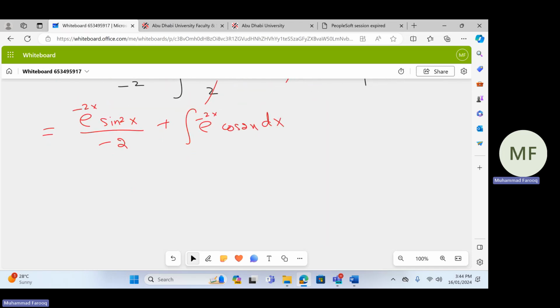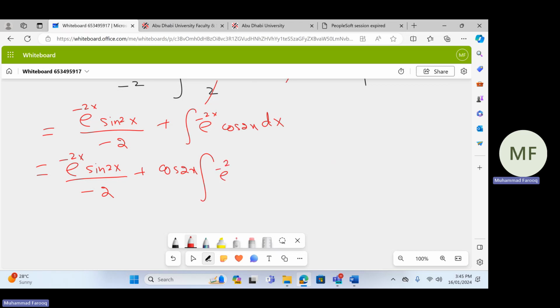Again by parts. That's why I told you to use the shortcut, because it's already a lengthy calculation, and if you use substitution within integration by parts, it takes too much time. Now write e power minus 2x, with angle 2x, divided by negative 2, plus, again: first function sine, minus sine, integration of the second function.